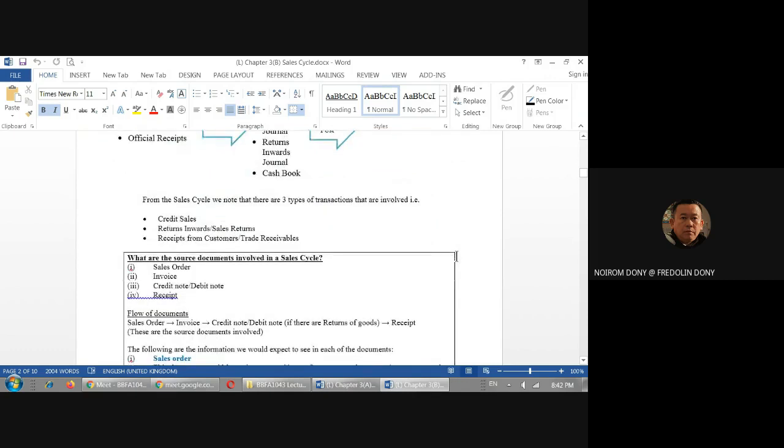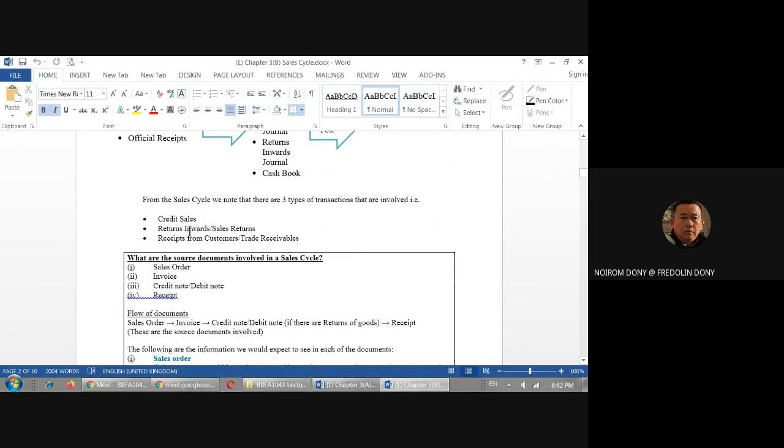From the sales cycle, we note there are credit sales, return inward, and amounts received from customers. These are the common transactions you will have in the sales cycle. Credit sales are very easy to identify: you look at whether we are sending a sales invoice, so definitely the prime entry will be the sales journal.